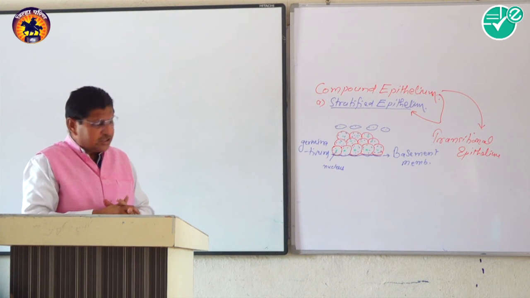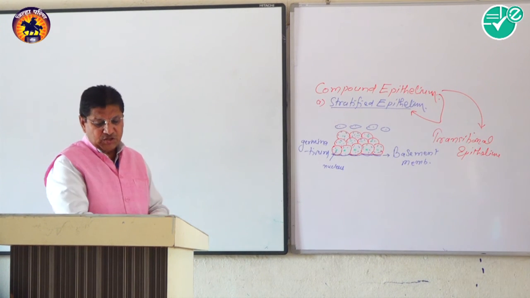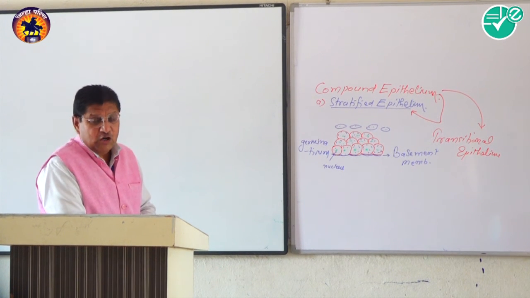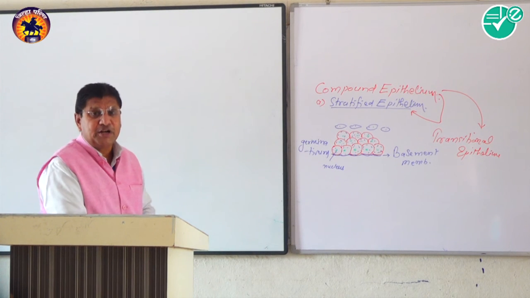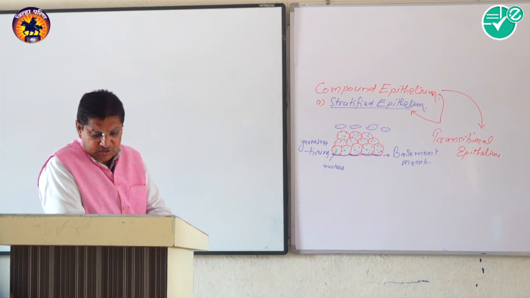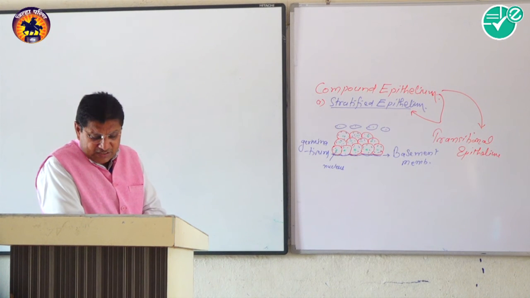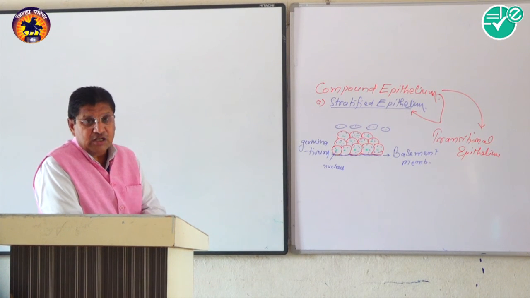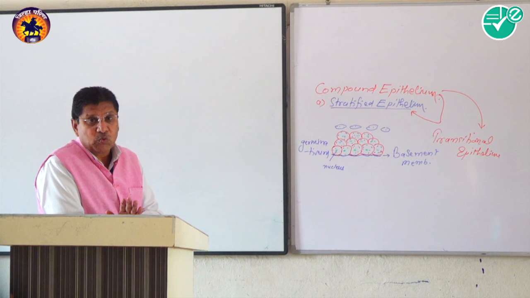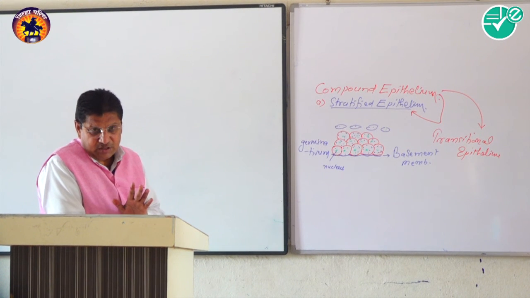Now, such a type of epithelium is present generally in the epidermis of skin, the lining of the esophagus, the cornea, vagina, and rectum. Right, understand?